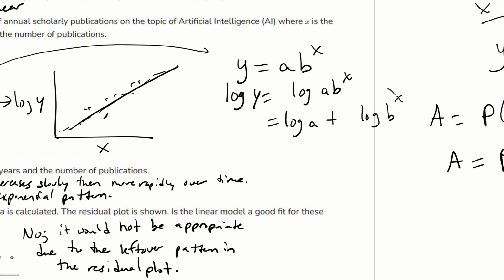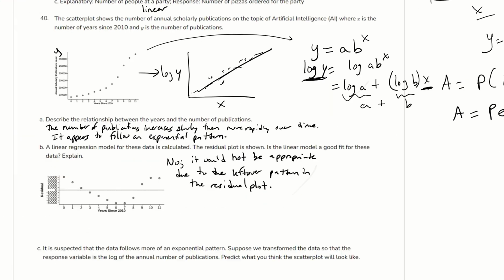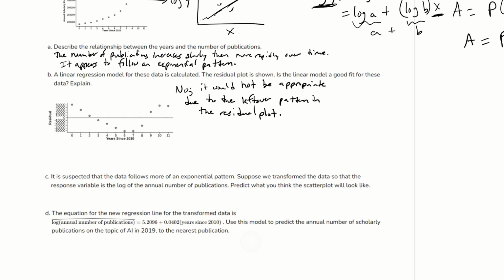Now the x, I can bring it down as a power, or as a coefficient, right? And so notice that if I graph log of y versus x, I get a line. This is a line of the form a plus bx, or mx plus b, same thing. And so I would expect that to be linear, right, based off of that.